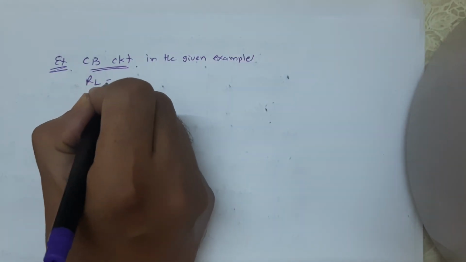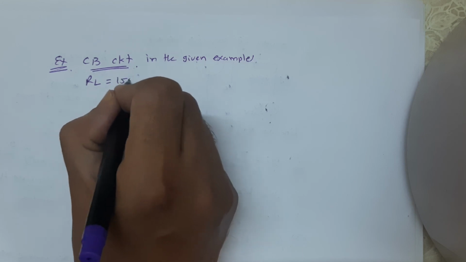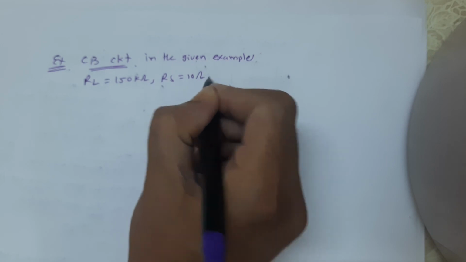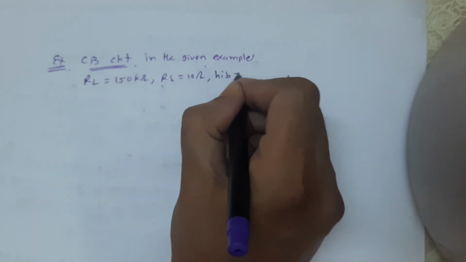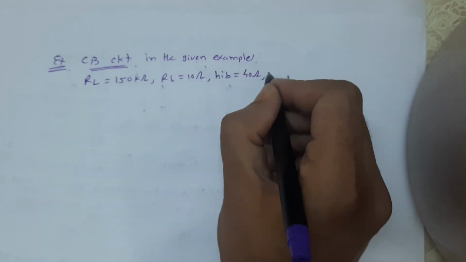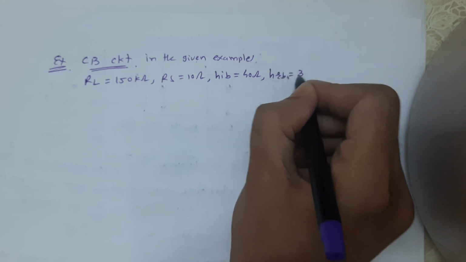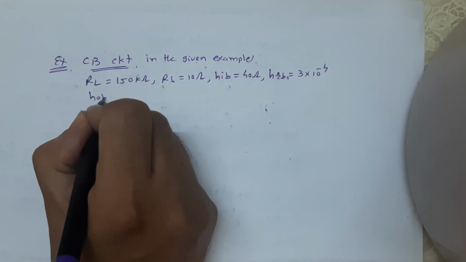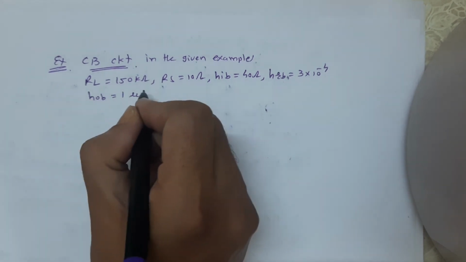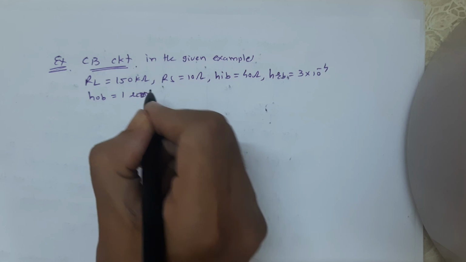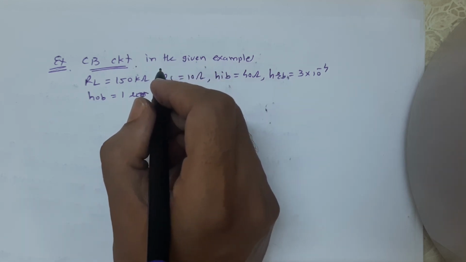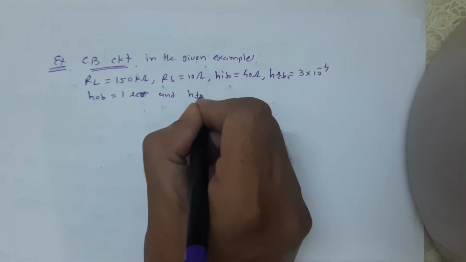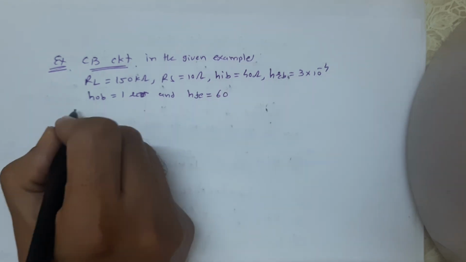Now RL is equal to 150 kilo ohm, RS is equal to 10 ohm, HIB is equal to 40 ohm, HRB is equal to 3 into 10 raised to minus 4, HOB is equal to 1 micro mho, and HFE is equal to 60.